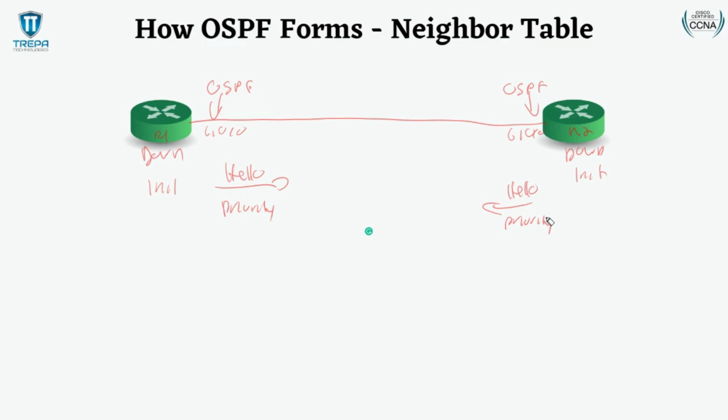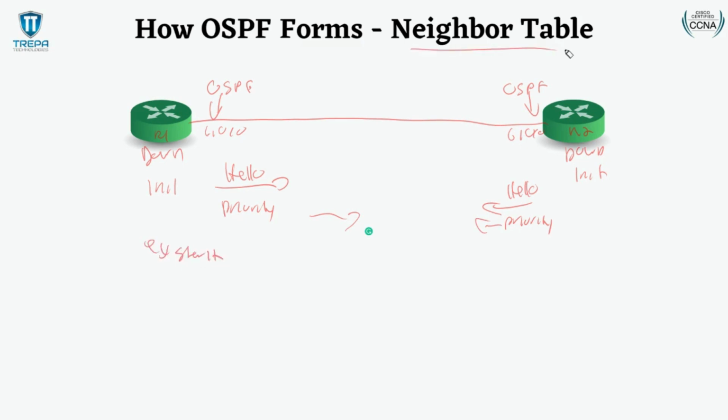Okay. So once that is done, we're going to start sending database description packets. Once those priorities are sent, guys, now we're adjusting into the ExStart state.